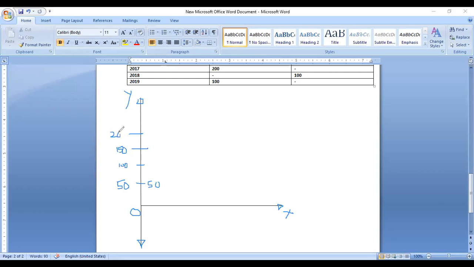So 200 I have shown here, and here this is 50. This is 100. This is negative side, means minus 50 means this is loss. Below x-axis represents loss, whereas above x-axis represents profit.